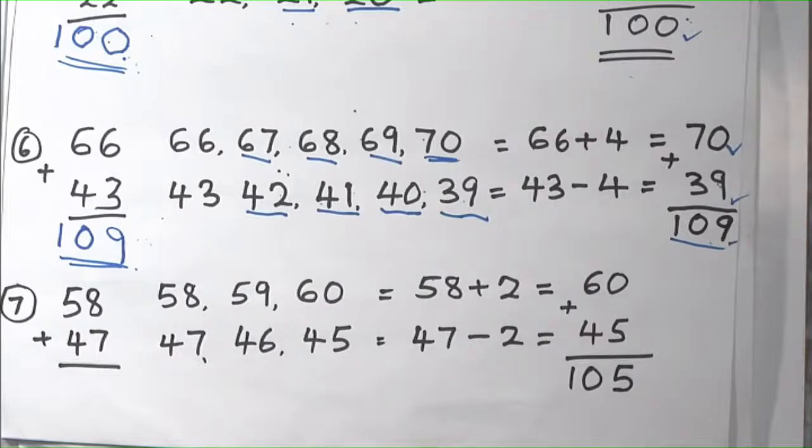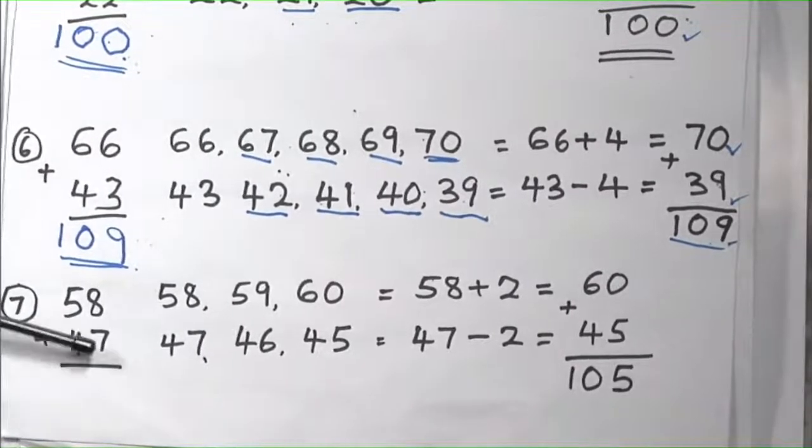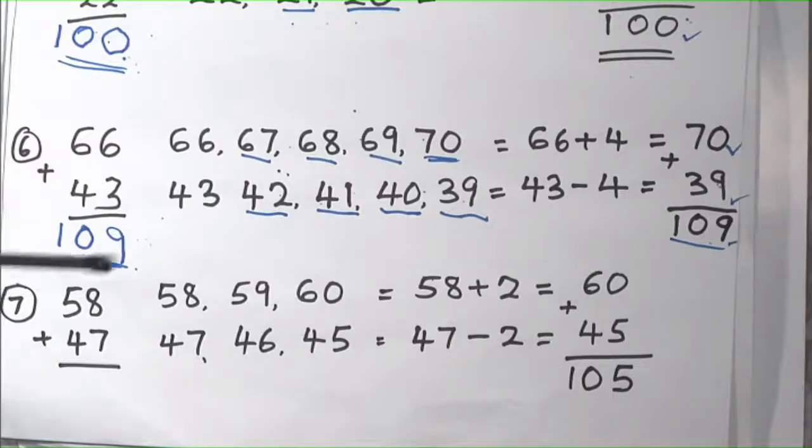Now we come to question 7, which is 58 plus 47. So 58, the next number which will end in 0 will be, let's count, 58, 59, then 60.